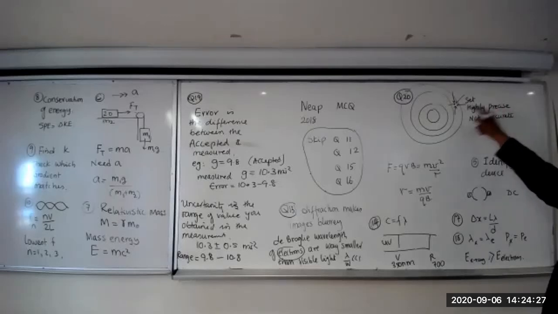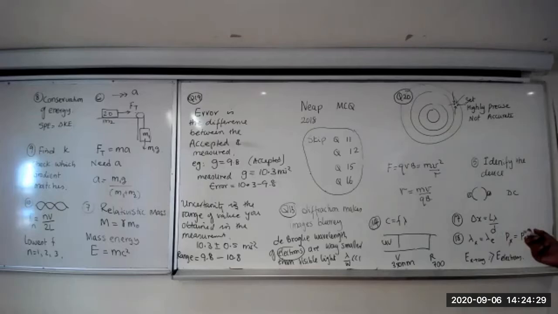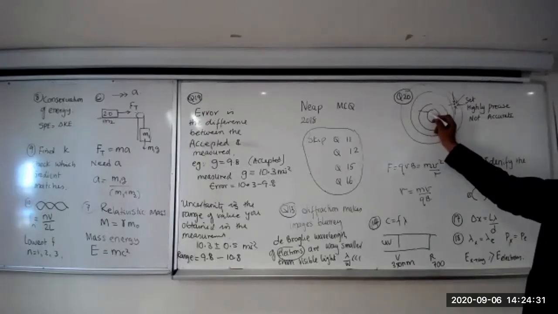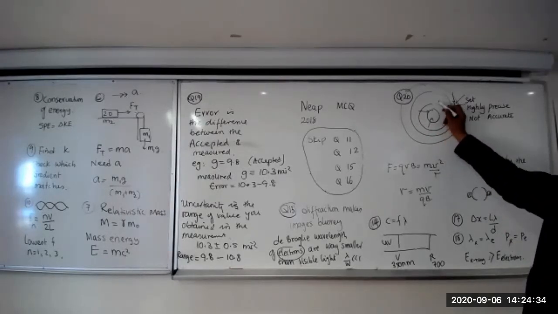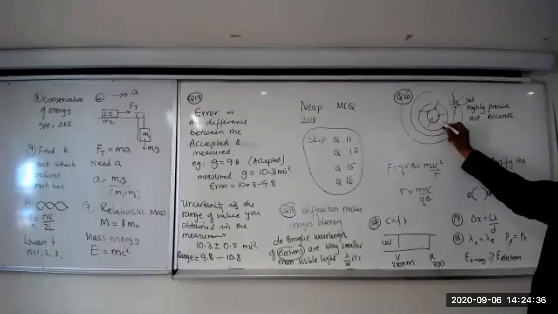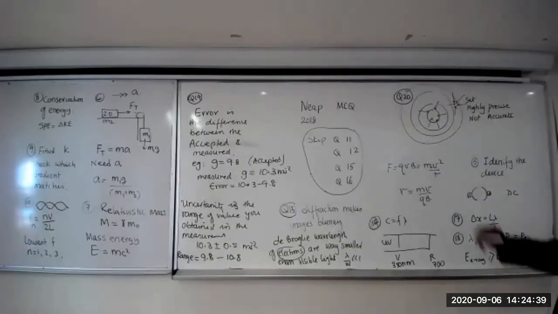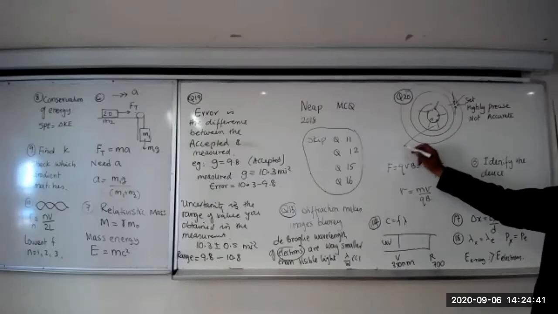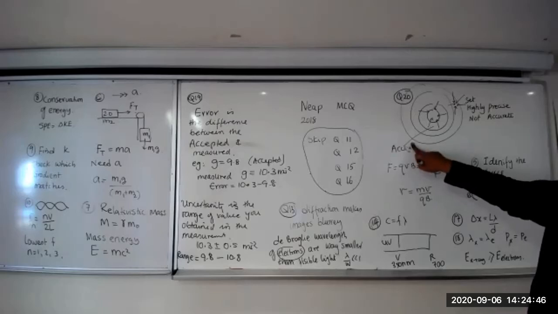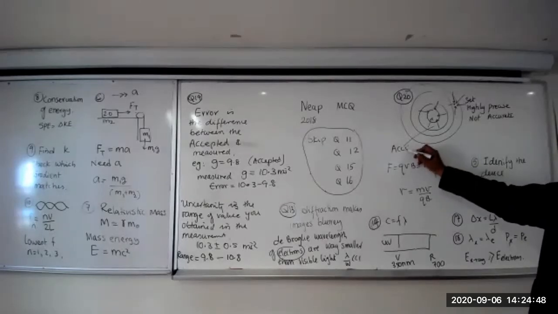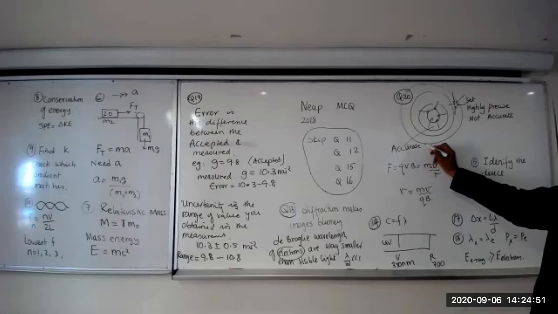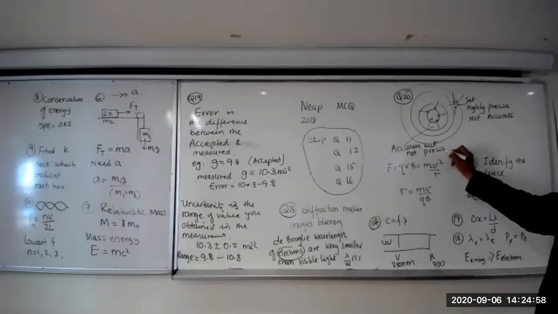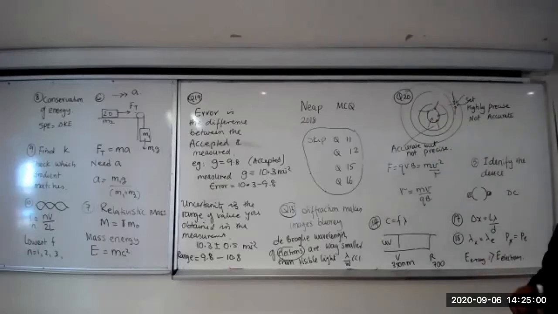Why I'm saying that is it's not close to the target. Highly precise, but the one here, they're not precise, but they're accurate, close to the target. They are accurate, but not precise, because the variation is too much.